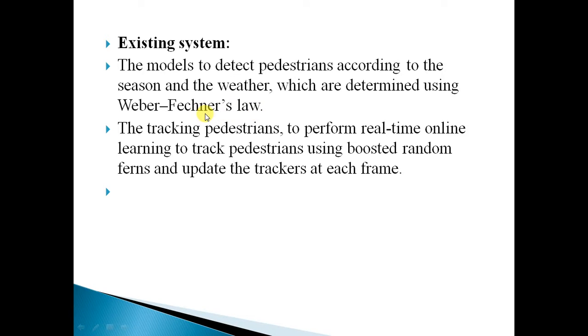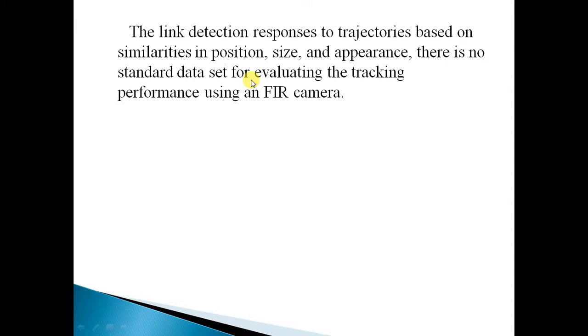It helps derive the difference of thermal energy produced by the pedestrian during summer or winter. Here, tracking the pedestrian is performed with real-time online learning using boosted random ferns, which will not use the real measure of the pedestrian, and the trackers will be updated in each frame.